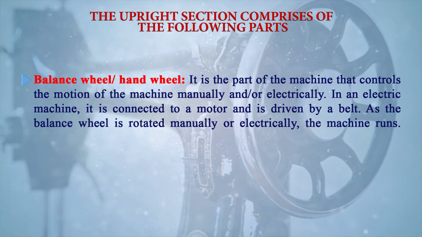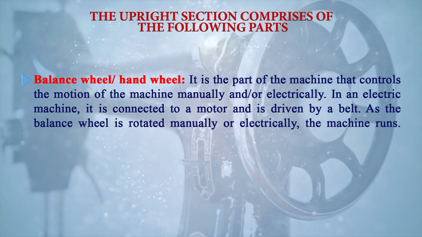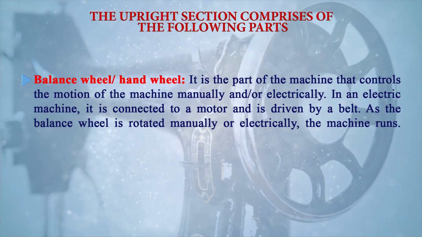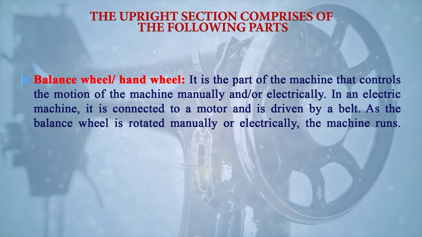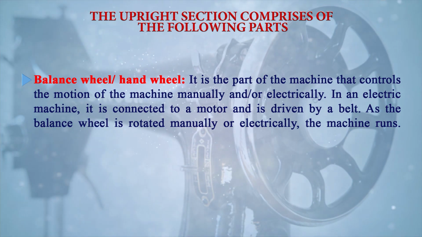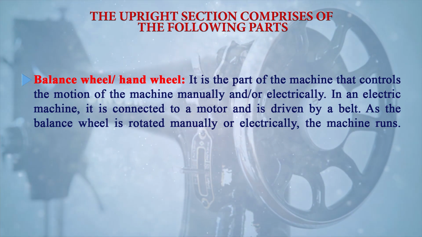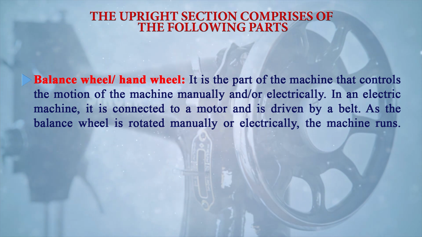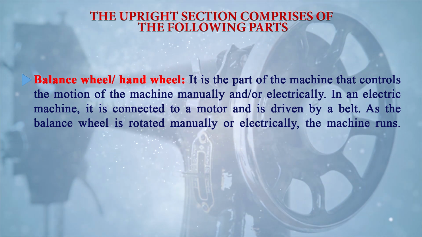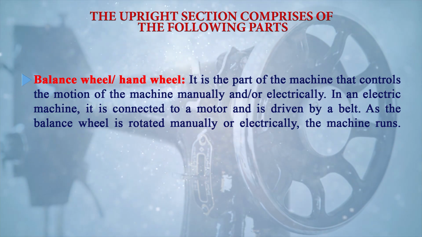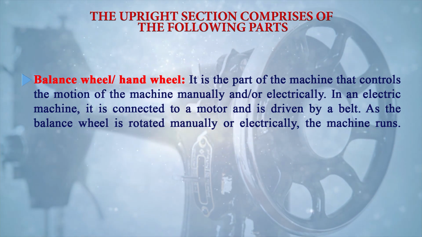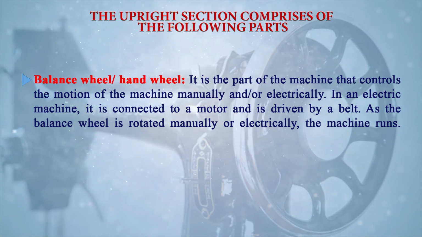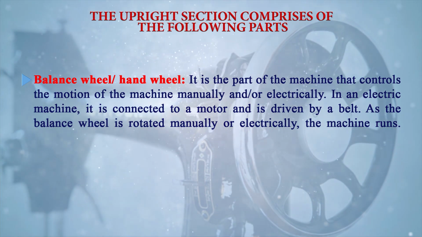In the hand operated machine, we operate the balance wheel by hand, but in the electric or the treadle machine, we operate it electrically or by our feet. In an electric machine, it is connected to a motor and is driven by a belt. As the balance wheel is rotated manually or electrically, the machine runs. So the first and the most important part is the balance wheel, which is used to get the machine started.